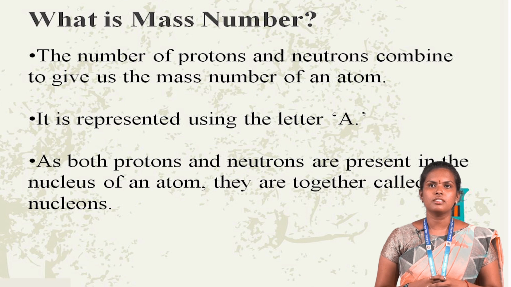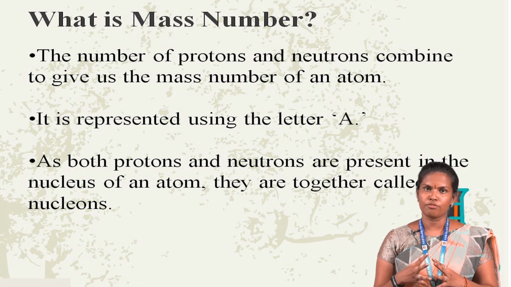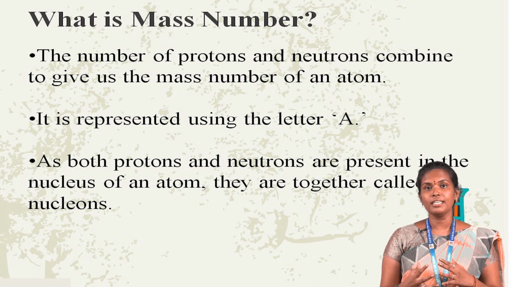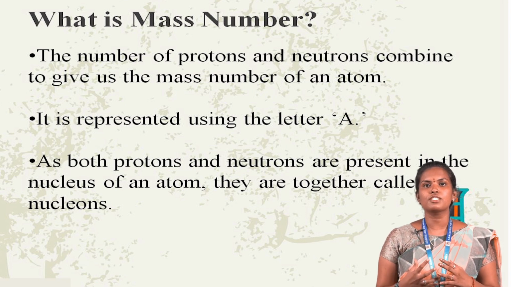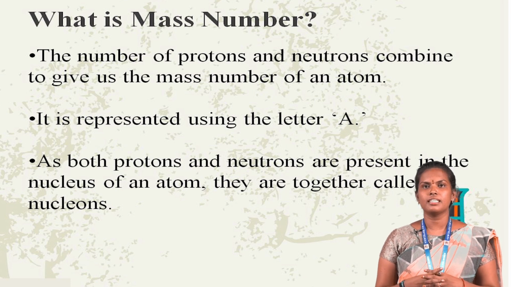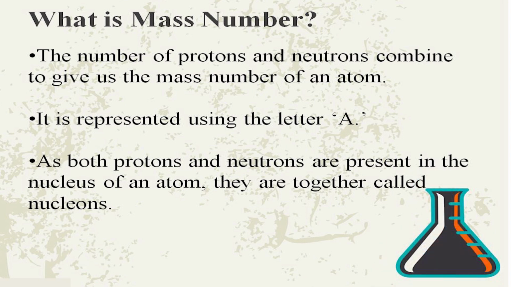What is mass number? The number of protons and neutrons combine to give us the mass number of an atom. It is represented using the capital letter A. As both protons and neutrons are present in the nucleus of an atom, they are together called nucleons.